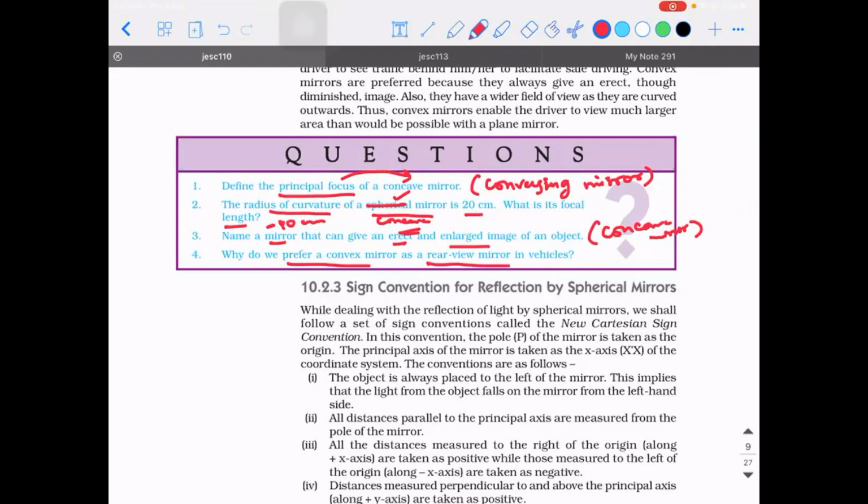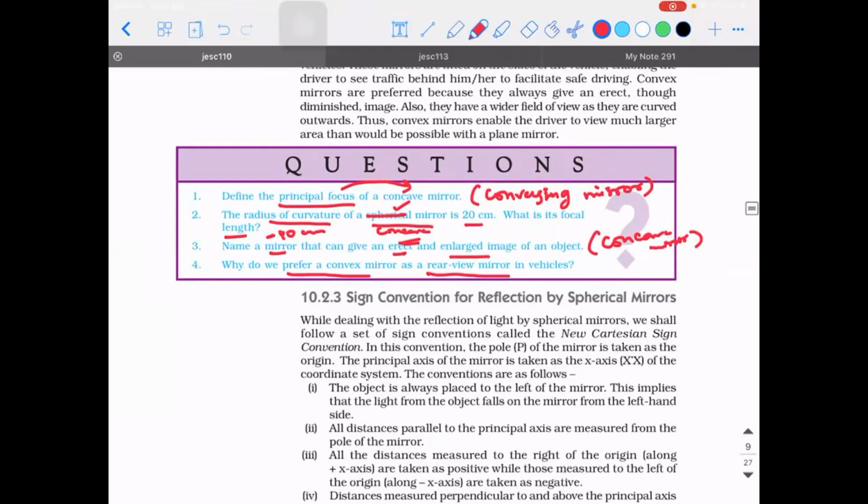Logically, vehicles are big in size, so it provides small, diminished images and wider views. Exactly. Since convex mirrors always form a diminished image, we use them, and they give you a wider view.